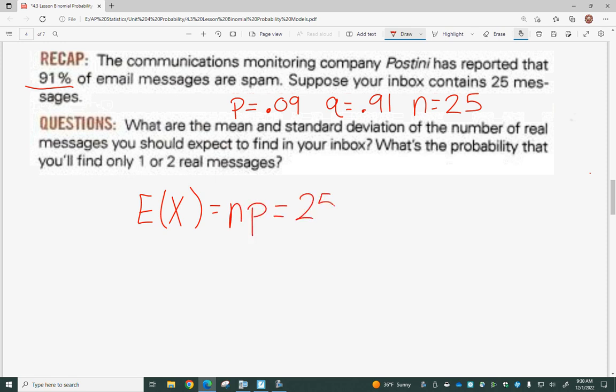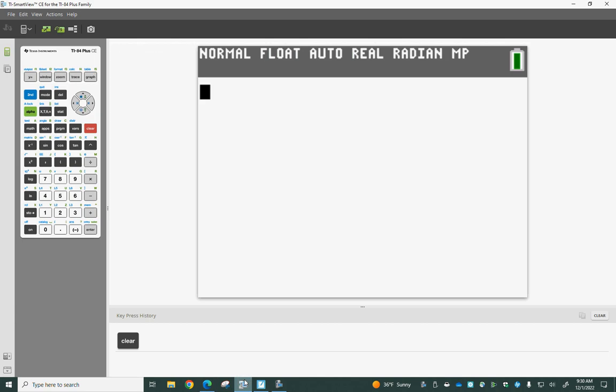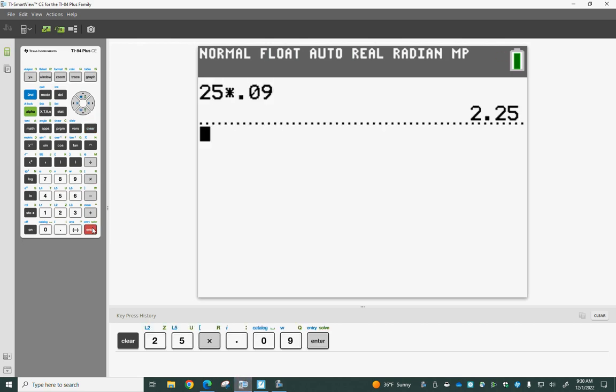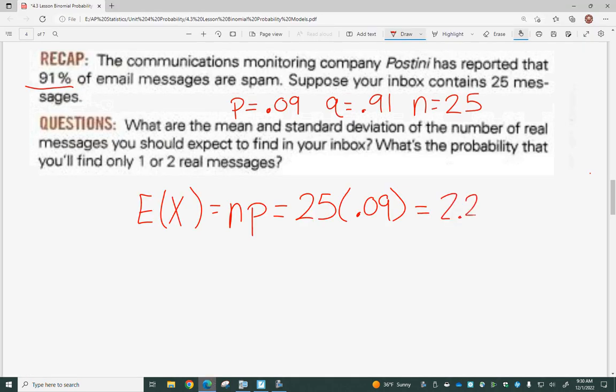So in this case, we have 25 trials, and the probability each email is a real one is 0.09. So 2.25. We should use our units. So when we open our inbox and there's 25 messages, we can expect on average to get 2.25 messages that are legit emails we need to spend time on.